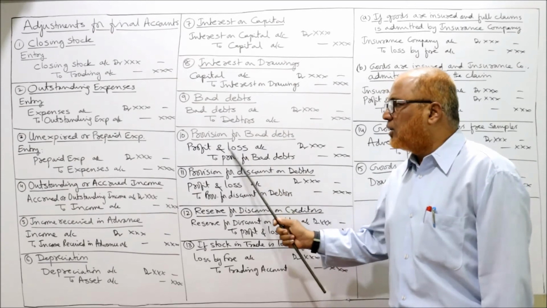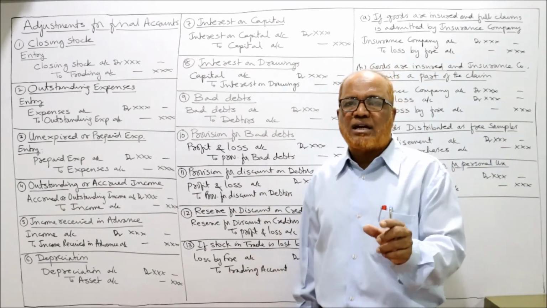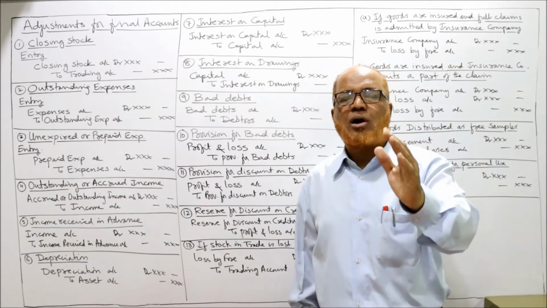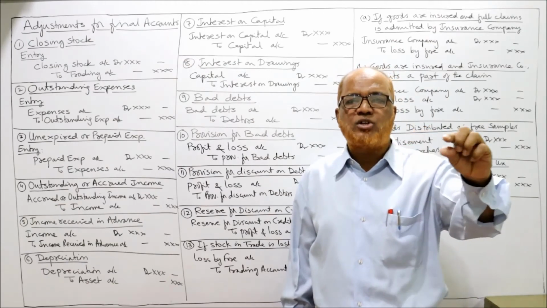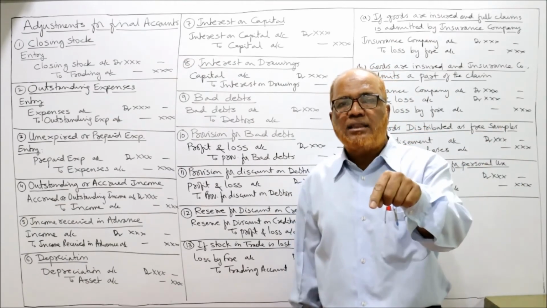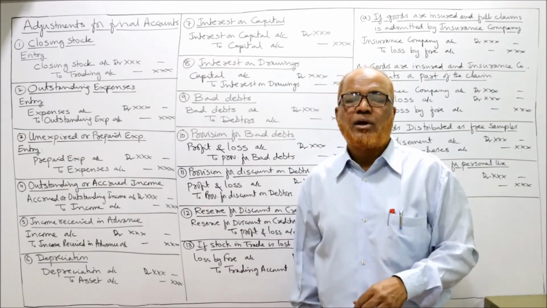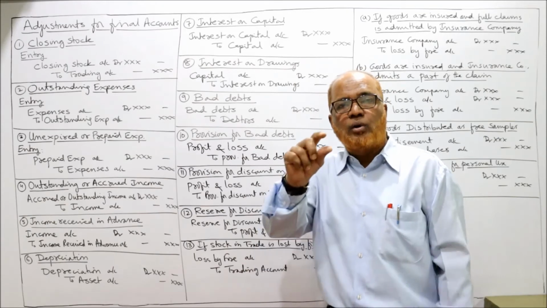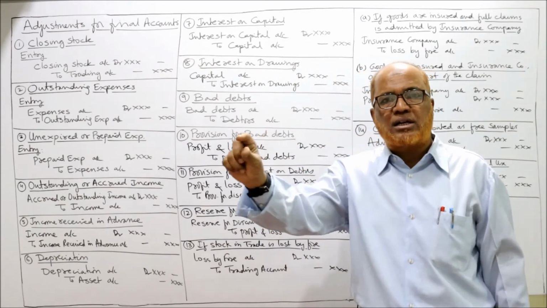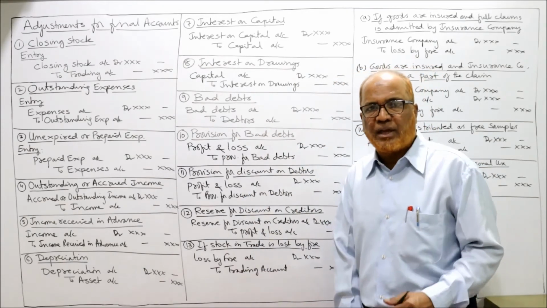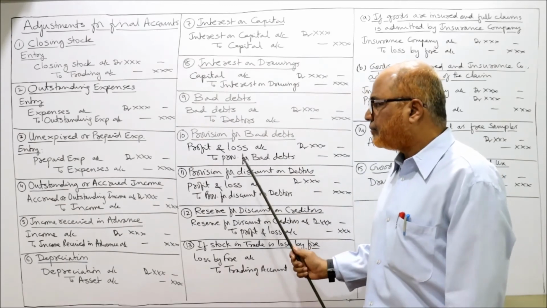What is the impact? On the debit side of profit and loss account, we take provision for bad debts. And again, this provision will be deducted from debtors on the asset side. We have to deduct provision for doubtful debts if it is given in the adjustment.